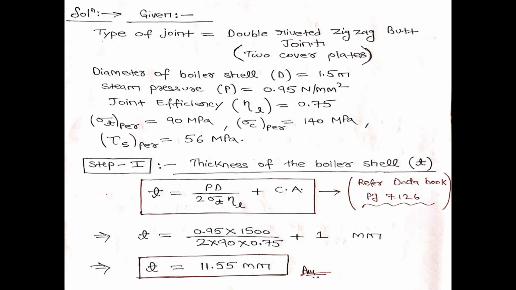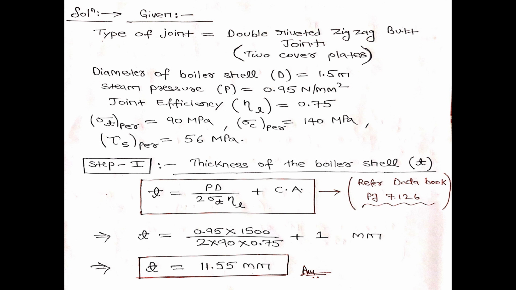Any doubt, anyone? No doubt, sir. Okay. But remember one thing, you have to mention the page number of the data book from where you have taken this data. If you don't mention the page number, you will lose marks every time.